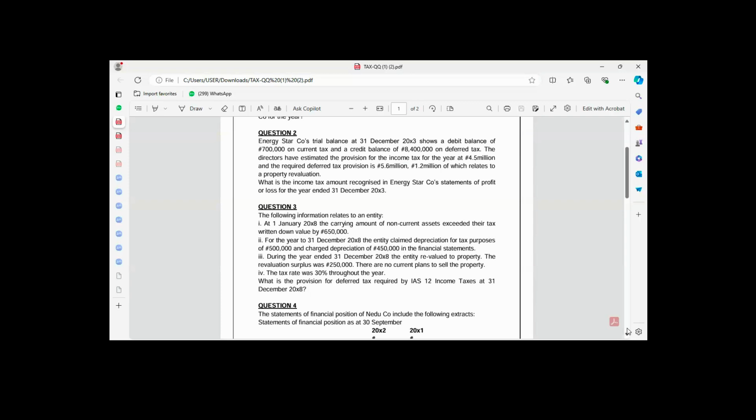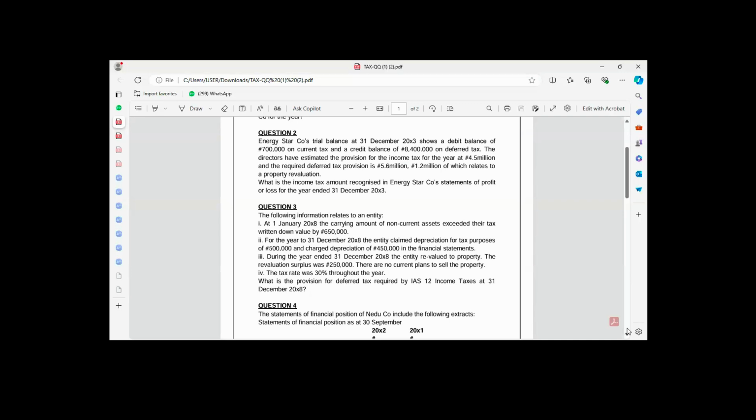This one is even straightforward. You have given me the opening balance of deferred tax, the carrying amount of the non-current asset exceeds the tax base. Depreciation and capital allowance, you can interpret.